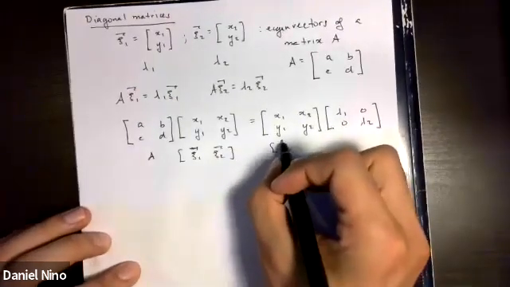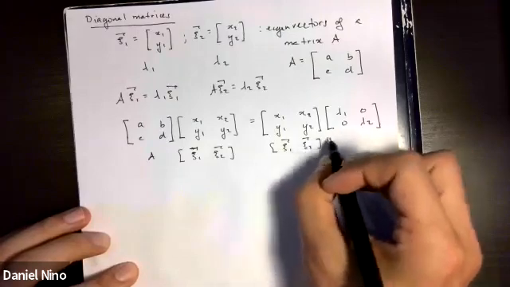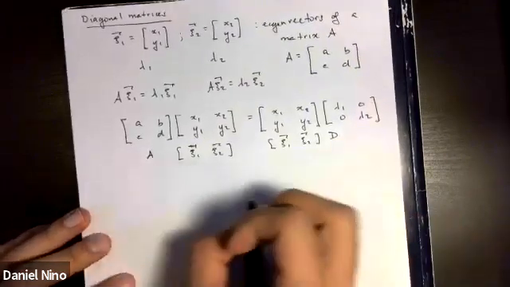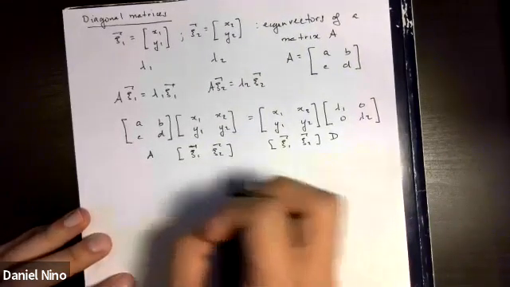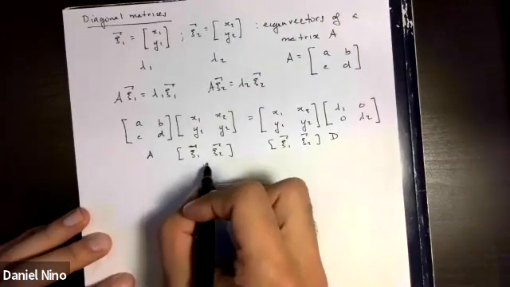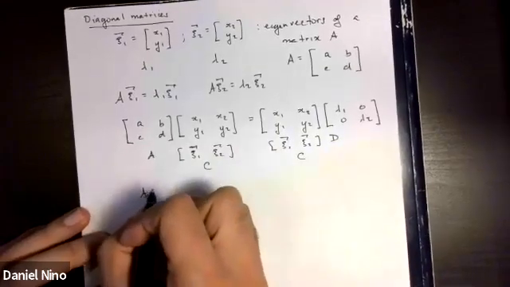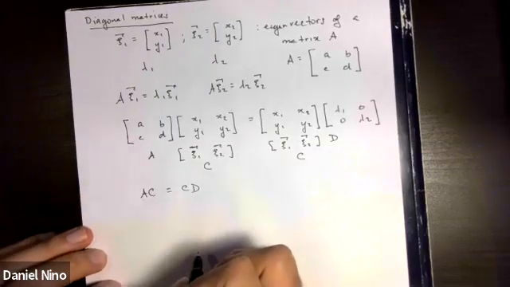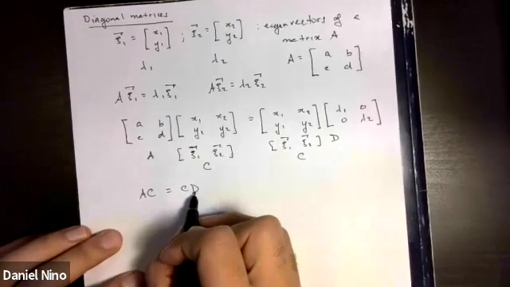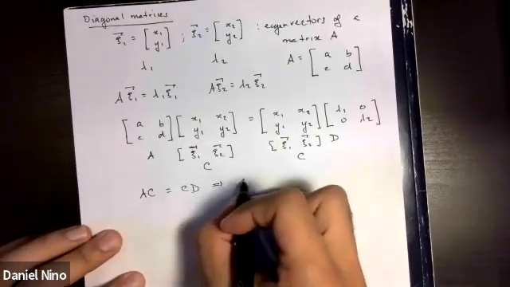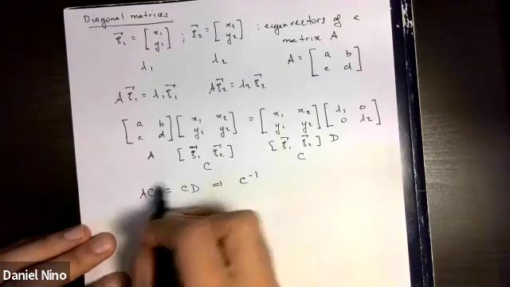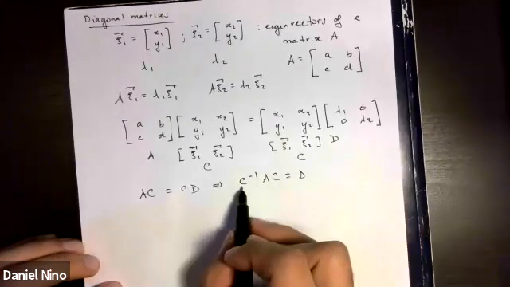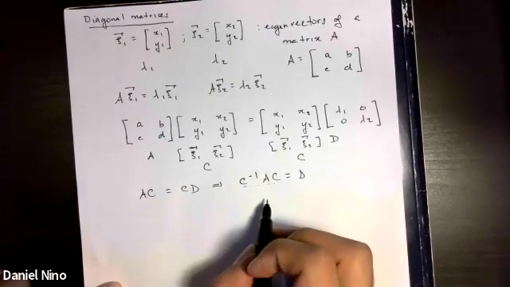So this is again the matrix of eigenvectors, and this one is our diagonal matrix, which we'll denote by D. We'll call this matrix C. So we can write this compactly as A times C equals C times D. That means that we can find the diagonal matrix D by taking the inverse of our matrix C, putting it on the other side, in such a way that our matrix D is given by the following product of matrices.